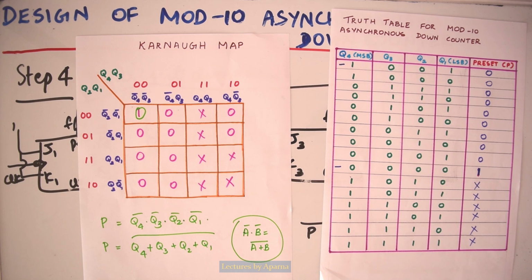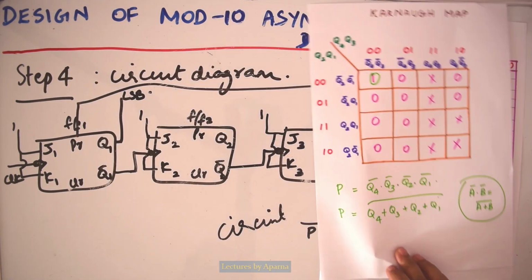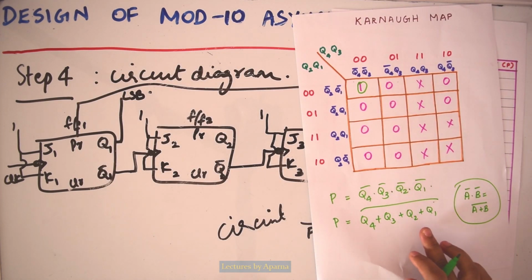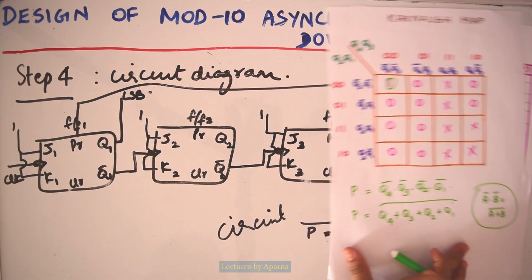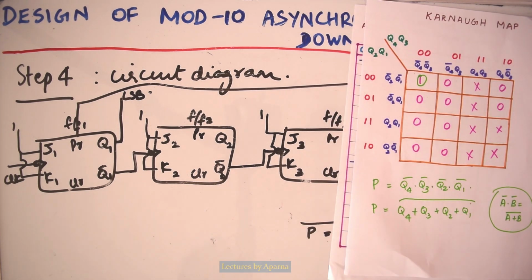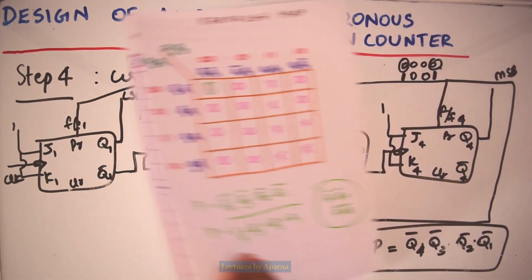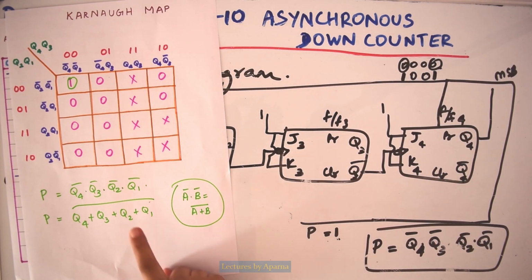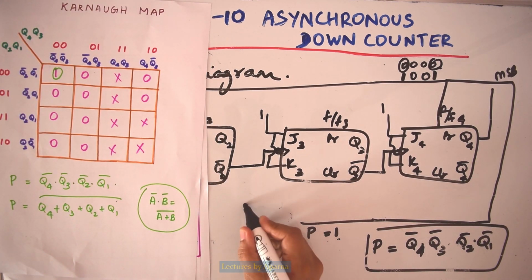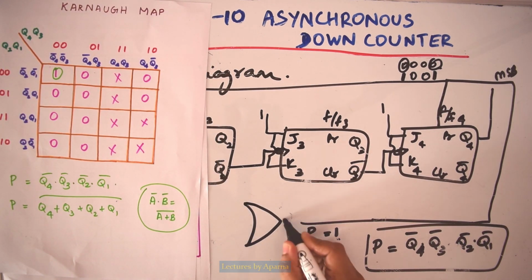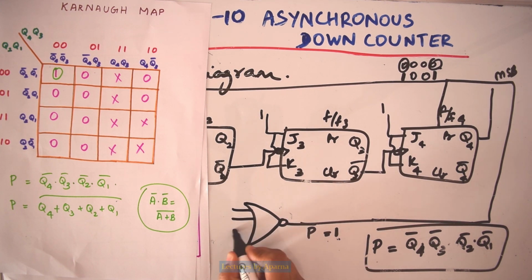Now this circuit, that is P equal to Q4 plus Q3 plus Q2 plus Q1 whole bar, can be drawn here. So this will be a 4 input NOR gate, having 4 inputs, that is Q4, Q3, Q2, Q1.